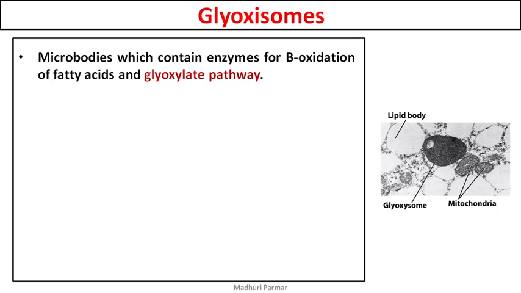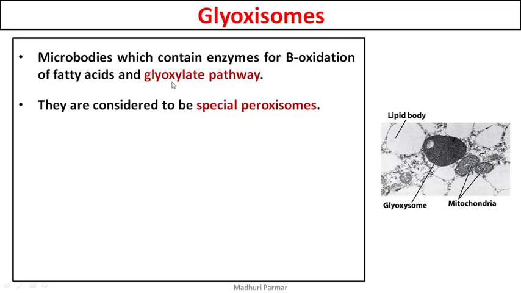I had told you when we were discussing mitochondria that fatty acid oxidation occurs inside the mitochondria, and it is called beta oxidation. So fatty acids are broken down inside the mitochondria, while they can also be broken down in the glyoxysomes. It can happen in either.